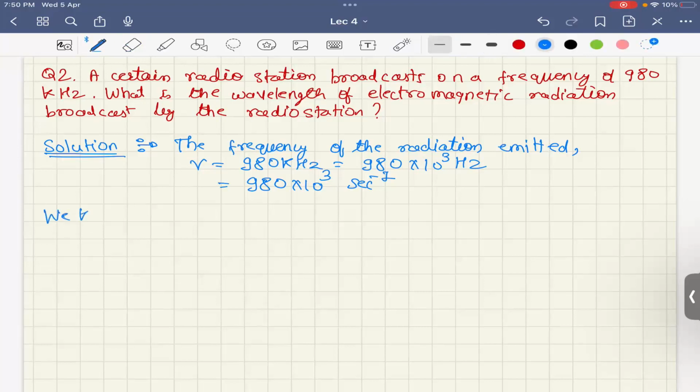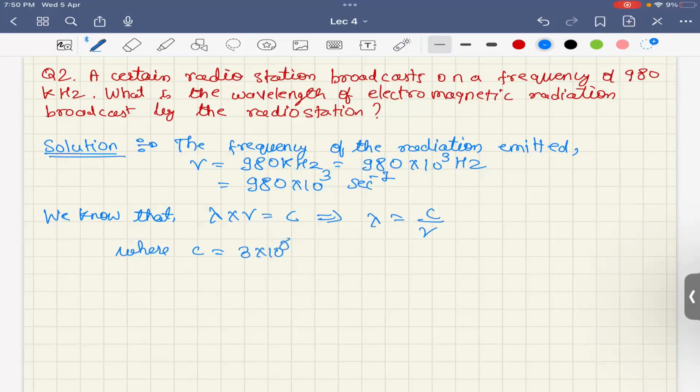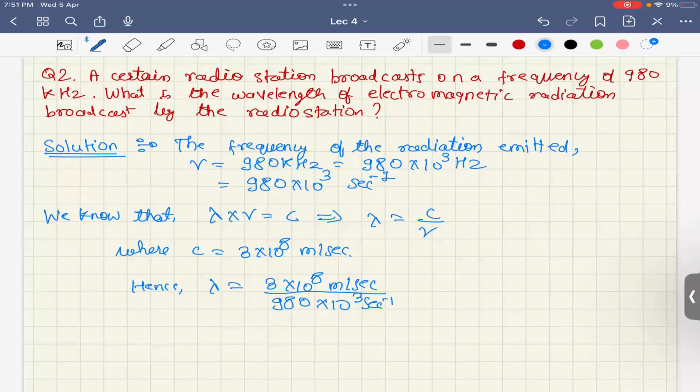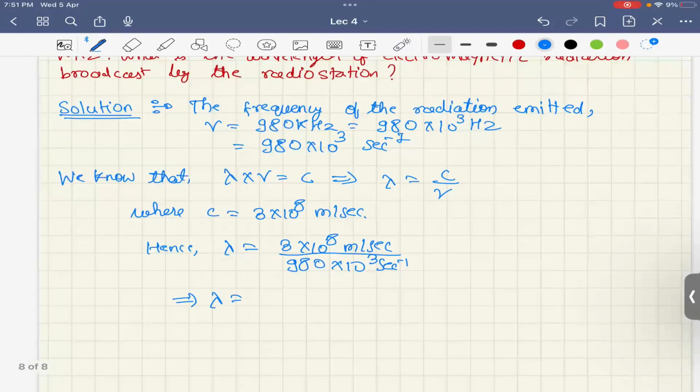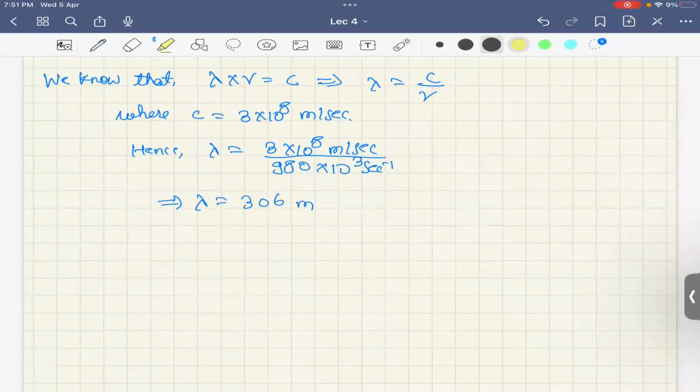Now we know that lambda into mu is nothing but c. That implies lambda is equal to c by mu, where c is equal to speed of light, that is 3 × 10 raised to power 8 meter per second. Hence, lambda is equal to 3 × 10 raised to power 8 meter per second divided by 980 × 10 raised to power 3 second inverse, implying lambda is nothing but 306 meter, right?